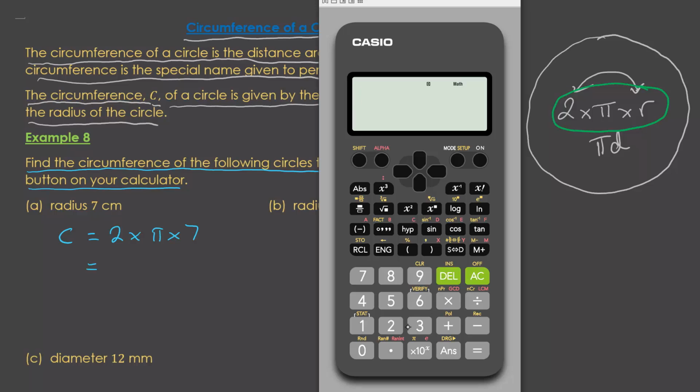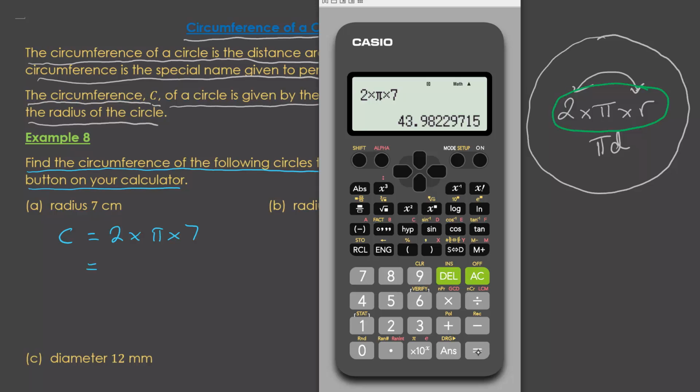So we're going to do 2 times. To get pi, we press shift and then the times 10 to the x button at the bottom here. That gives us a pi, and you can see the pi appears in the view screen. Times 7.